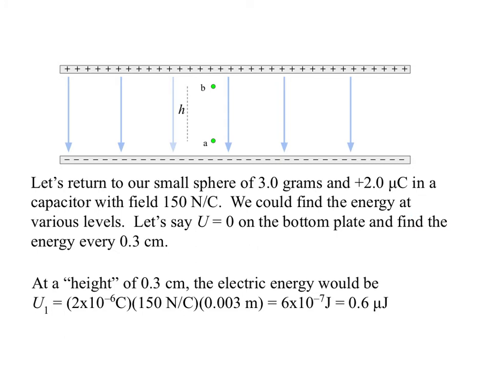So in analogy to gravity, again, we'll take the lowest point as being 0 energy. And we'll find the energy every 0.3 centimeters because we know that this was 1.2 centimeters across. At a height of 0.3 centimeters, the electric energy would be the charge, 2 × 10⁻⁶ coulombs, times the electric field strength, 150 newtons per coulomb, times the distance. 0.3 centimeters is 3 millimeters, or 0.003 meters. Multiply all those out, and we'll get coulombs times newtons per coulomb times meters, which is newton times meters, which is joules.